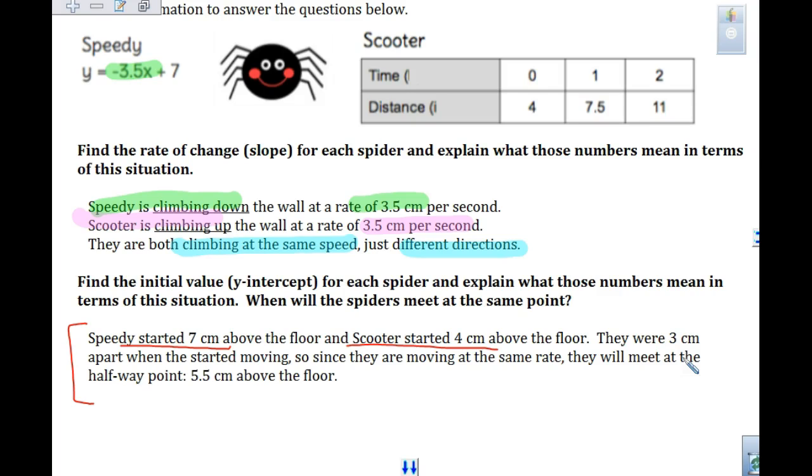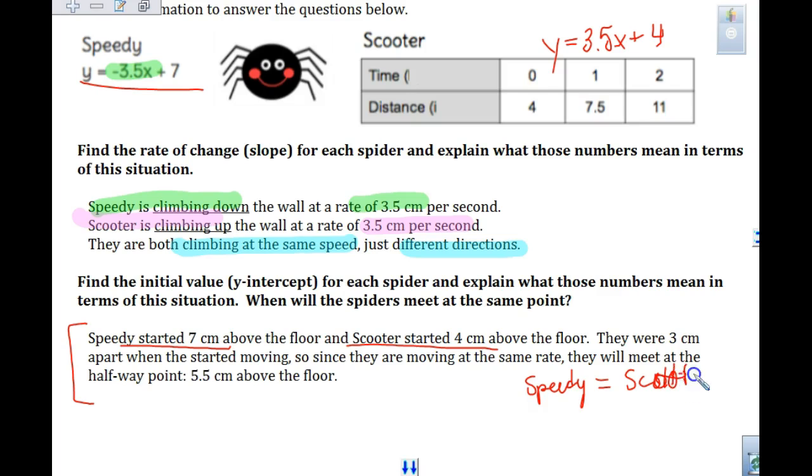This is leading us into our next unit, which is called systems of equations. The equation for Scooter was y equals 3.5x plus 4. Speedy's equation was here. What we want to do is put Speedy equal to Scooter for their equations.